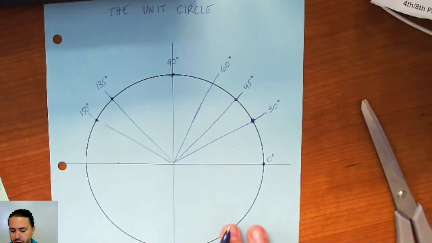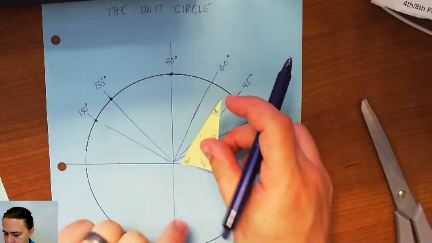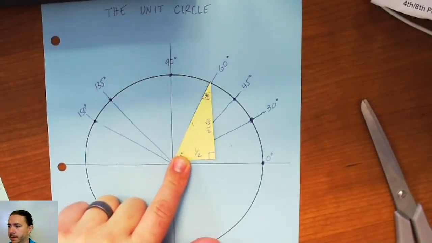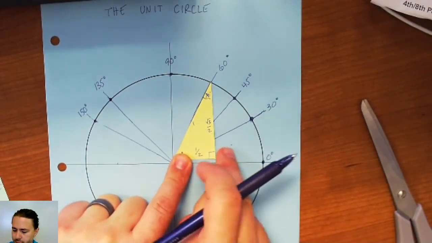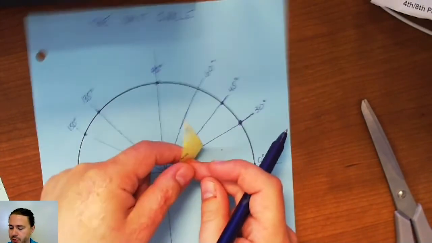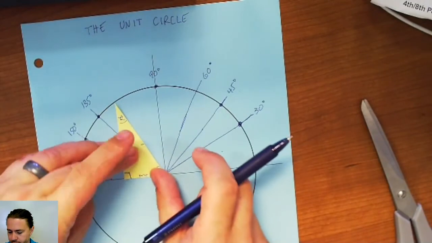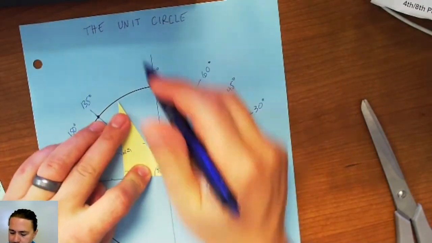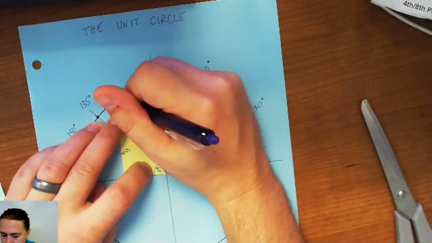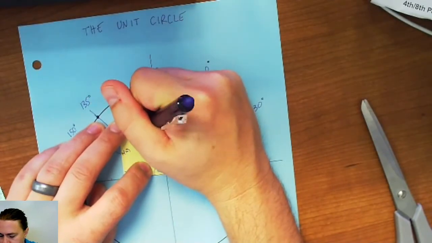And then I'll bring back the 60. I'm going to flip that over and draw this one to the best of my ability. I'm not going to be too picky about this looking perfect.